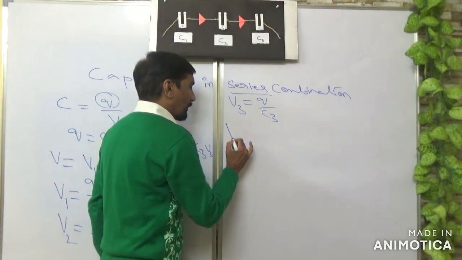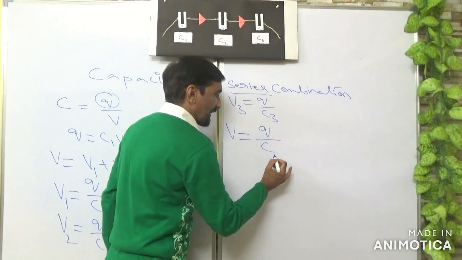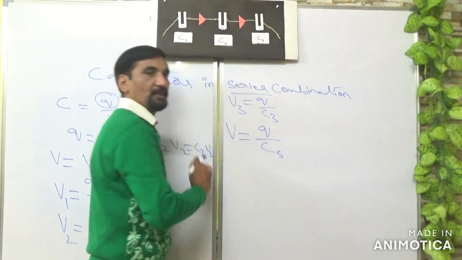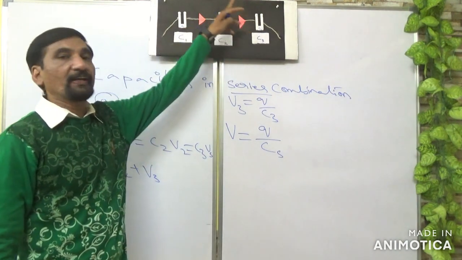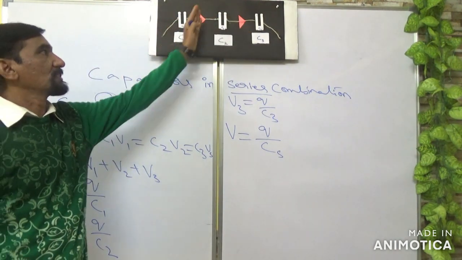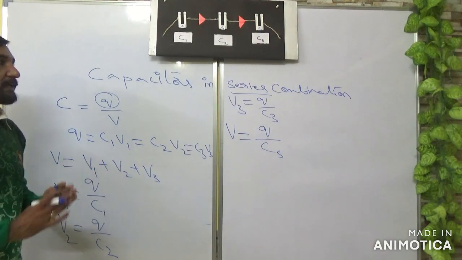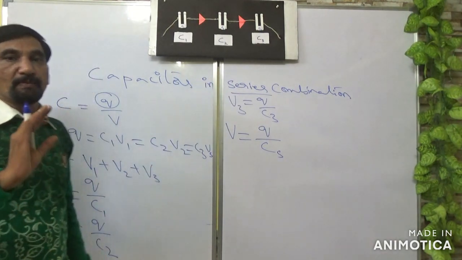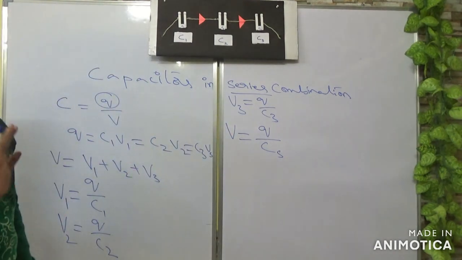The total potential difference is equal to Q by C effective. For convenience, take it as CS, the effective capacitance of these capacitors in series.